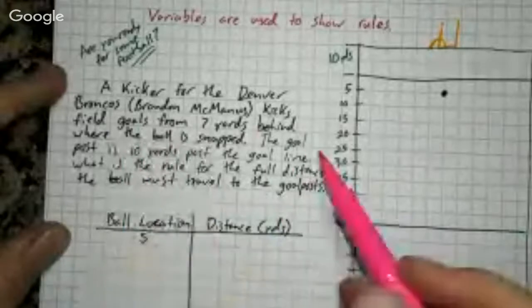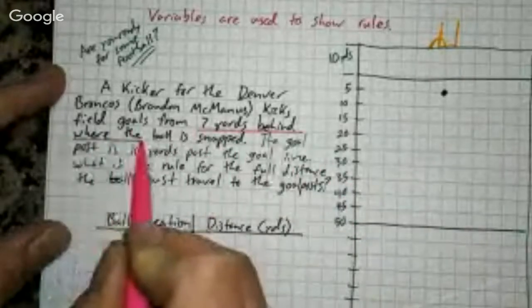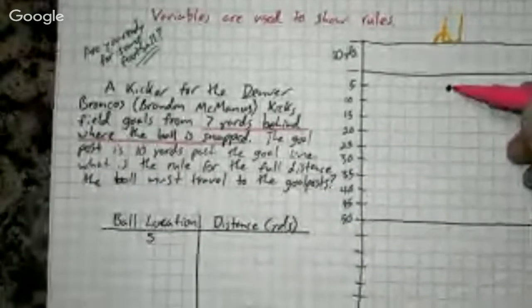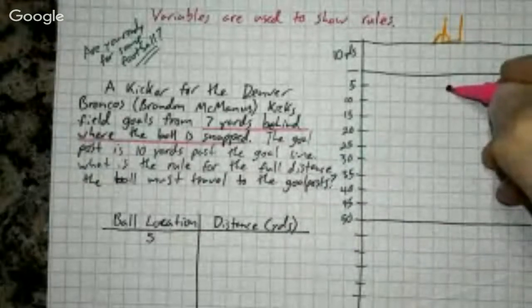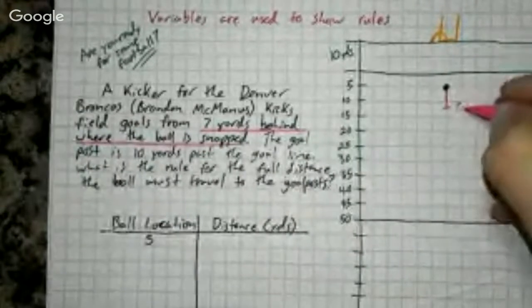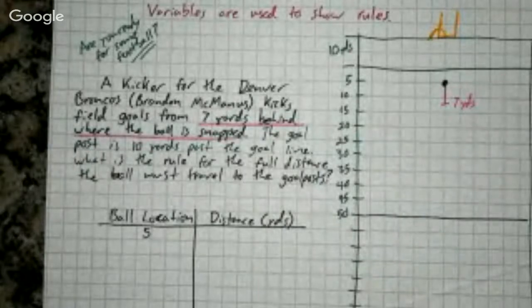Brandon McManus, the Broncos kicker, kicks field goals from 7 yards behind where the ball is snapped. Okay, so this is where the ball starts. We need to add 7 yards to that distance.